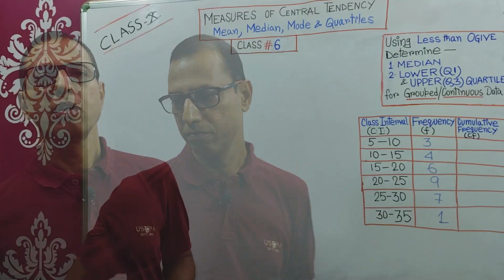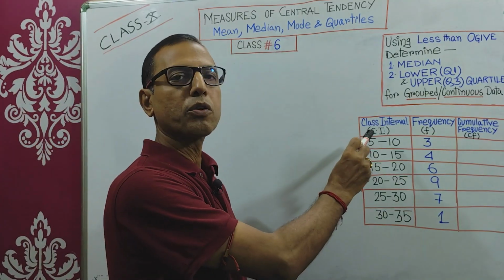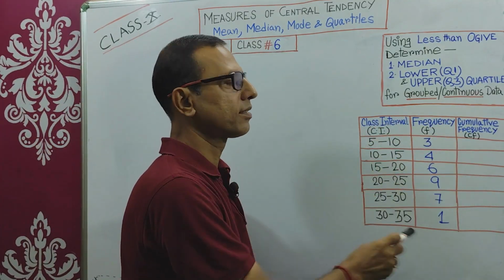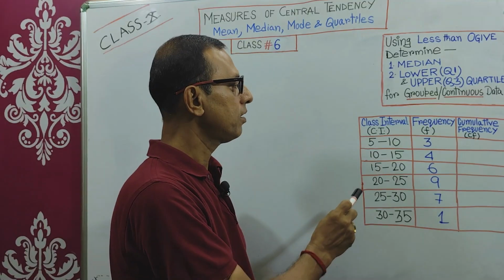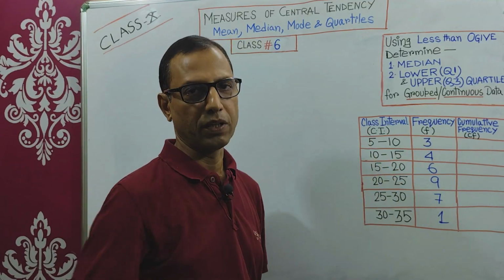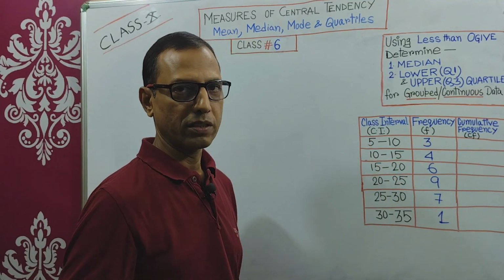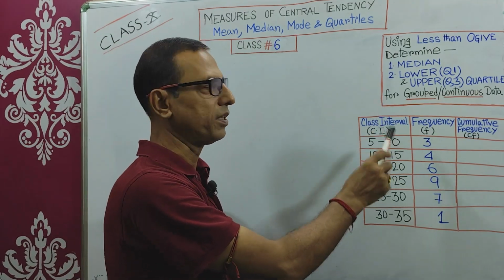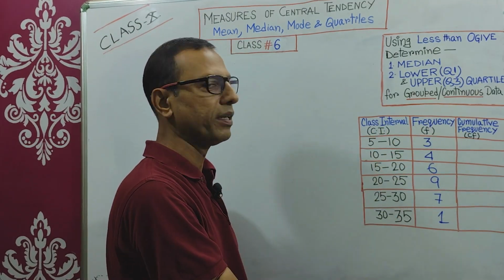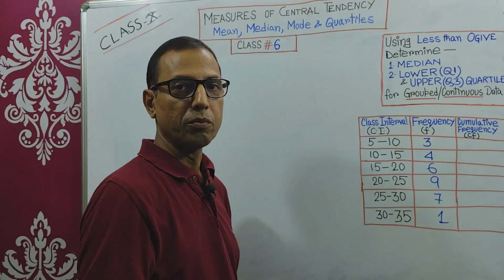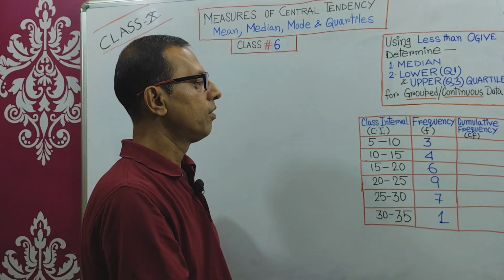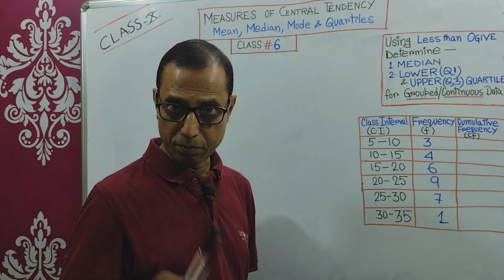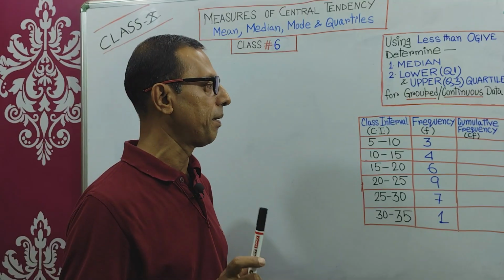So let's start it. For today's class we are going to utilize this tabular data for observation versus frequency, and this is a group data. You can see for each of the group, the first column is the class interval, the second one is the frequency. We will determine the cumulative frequency ourselves, right? When we are using less than ogive, just remember this term.